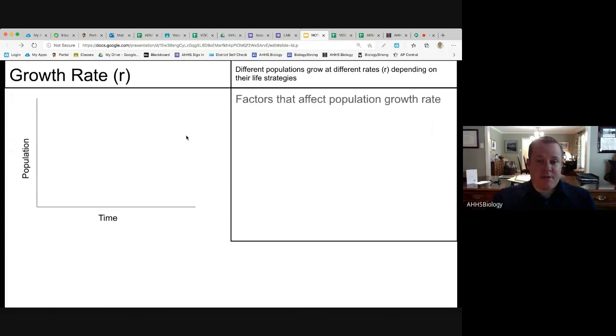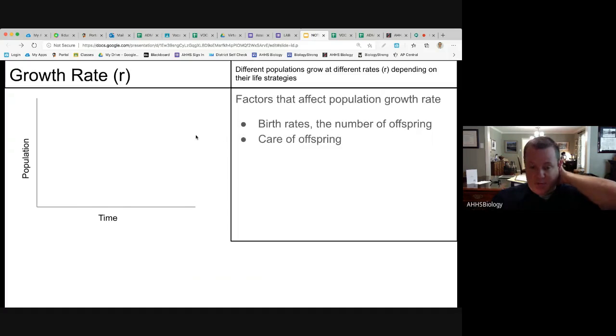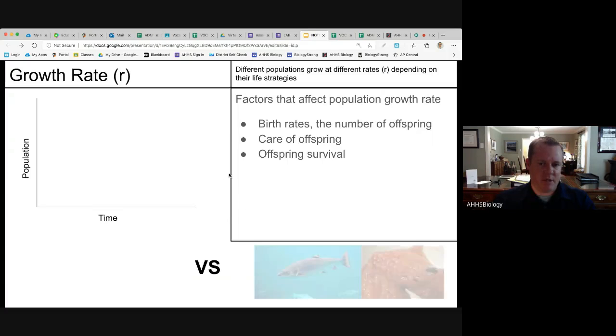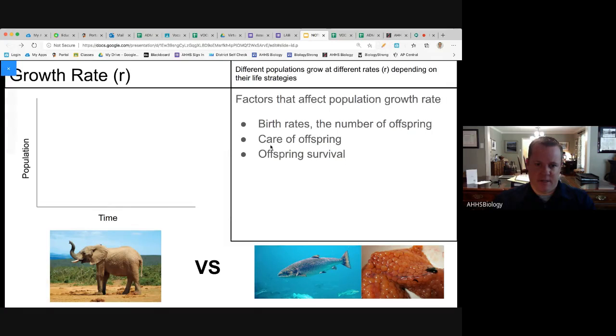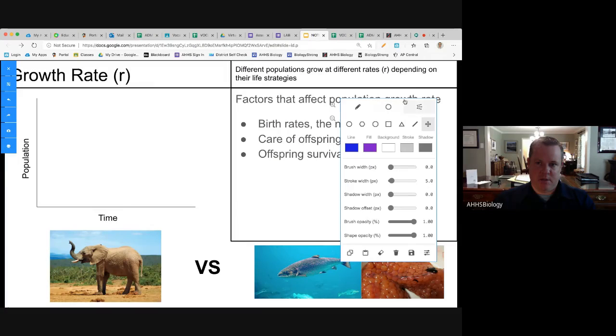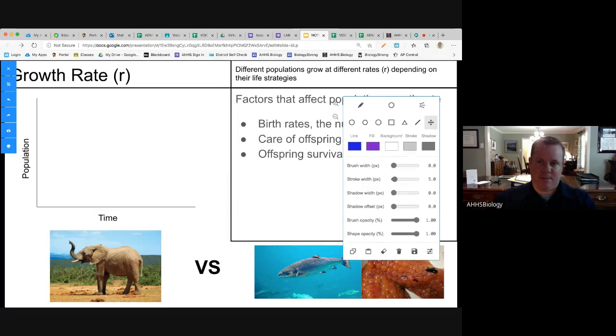Okay, so the factors that can affect population growth rate would be birth rates, the number of offspring, the care of the offspring, and survival. And so you need to think about two kinds of individuals, and I always pick species that make this easy to understand. If you have something like salmon versus something like an elephant, that should make this very easy to figure out, and we can toss those graphs back up here real quick.